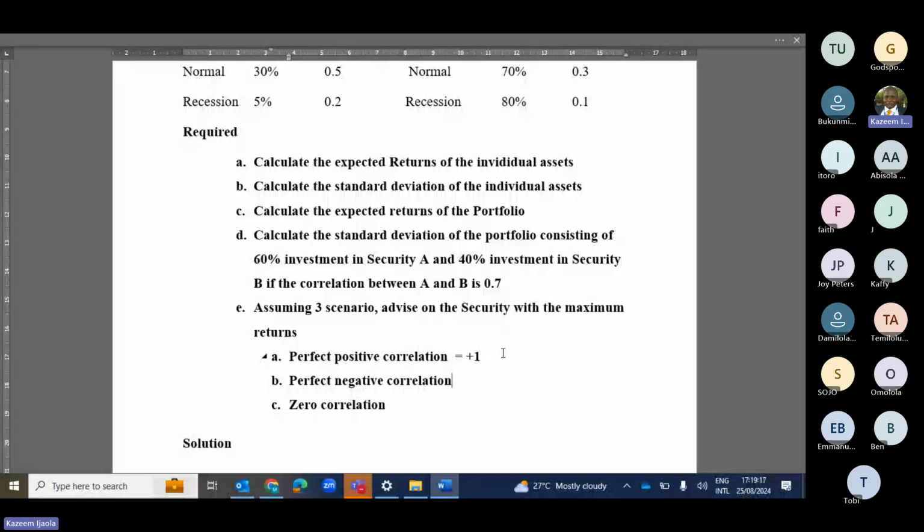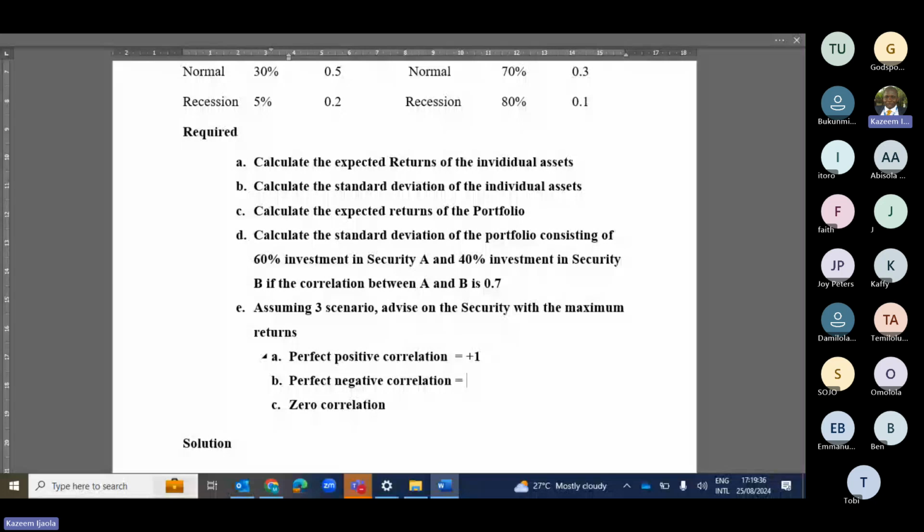Then when we say perfect negative correlation, perfect means one. This one will be -1. The meaning of perfect negative correlation is that if one asset is going up, another asset will be coming down. So this is where you can diversify. Yes, you can diversify.